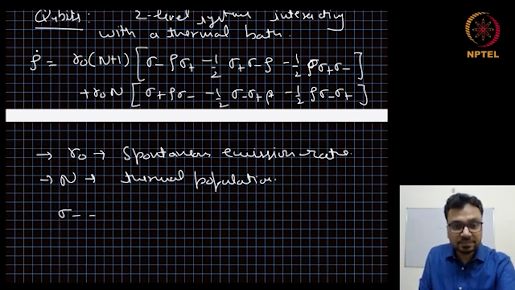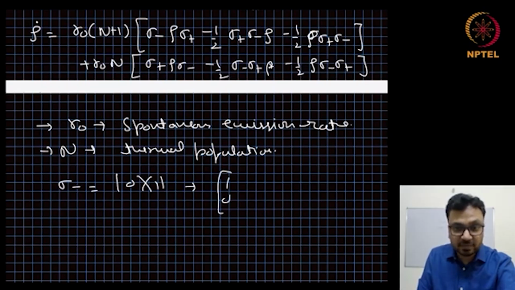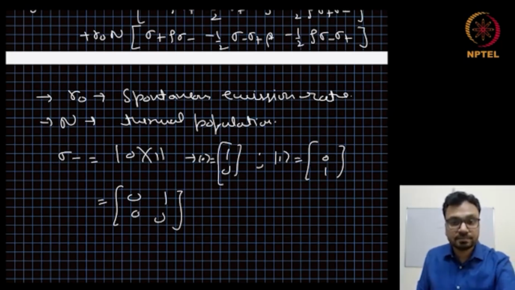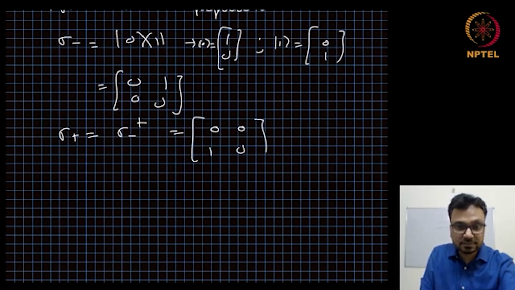Sigma minus is given by |0><1|. That is, if it acts on 1, it takes it to 0, and we can write it, if 0 is given by (1, 0) and 1 is given by (0, 1), then sigma minus will be [[0, 1],[0, 0]]. Sigma plus is sigma minus dagger, that will be [[0, 0],[1, 0]].